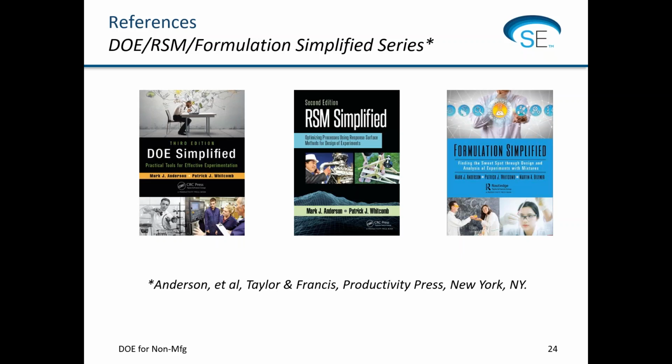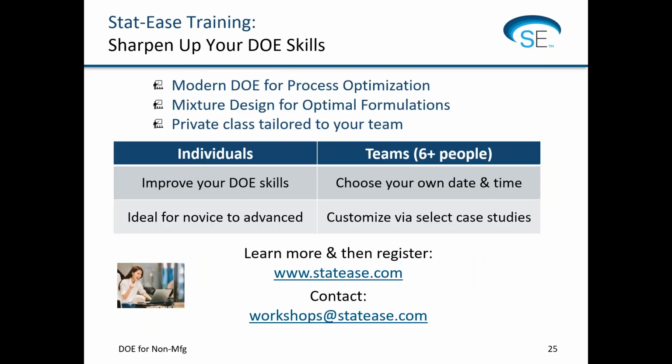So if people have an interest in this, I would recommend this book over here, DOE Simplified, which is now in its third edition. That's become kind of a go-to for Six Sigma training because it's simple and fun, but introduces multi-factor type testing. So that would be a good book, I think, to use if you're doing training for non-manufacturing Six Sigma.